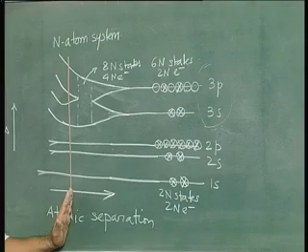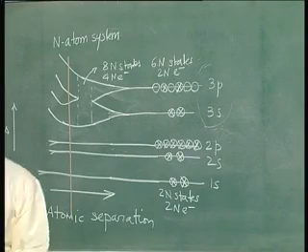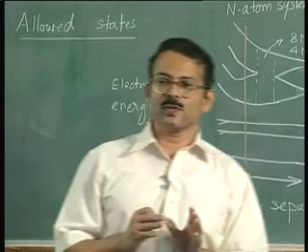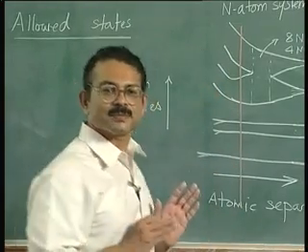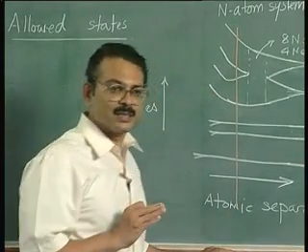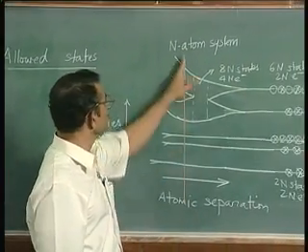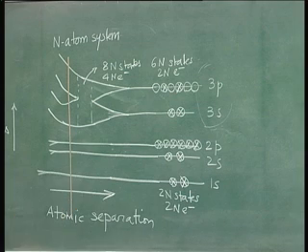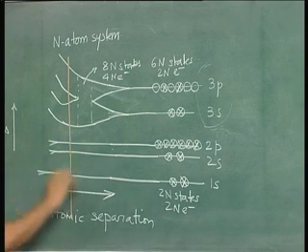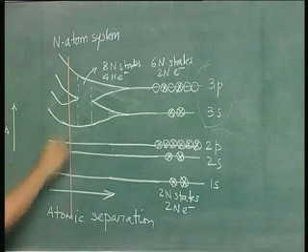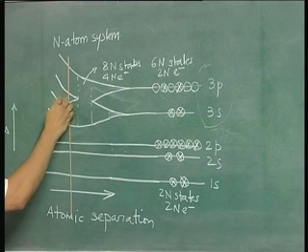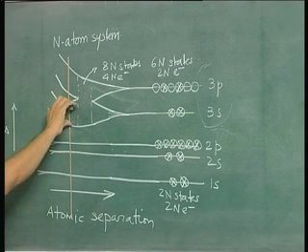This is decided by the fact that all the attractive and repulsive forces should cancel, giving the lowest possible total energy. If you use that criterion and find the atomic separation, it turns out to be somewhere here for silicon.